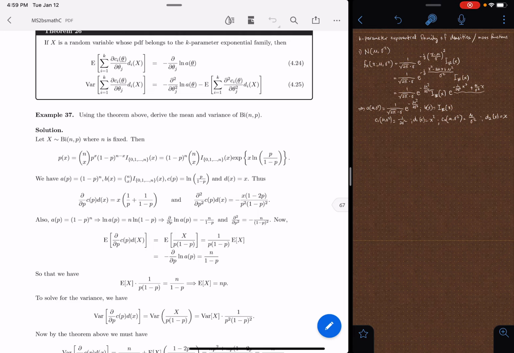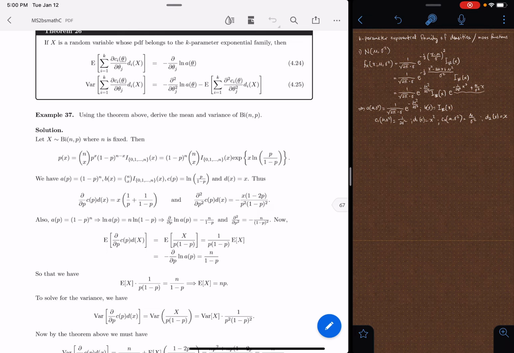Apply lang yung property ng ln: ln of the quotient is ln p minus ln of 1 minus p. Derivative ng ln p is 1 over p. Derivative ng ln of 1 minus p is the negative of 1 over 1 minus p. Since may minus kanina, kaya naging plus. Yung x, constant lang yan with respect to p, kaya nasa labas lang siya.